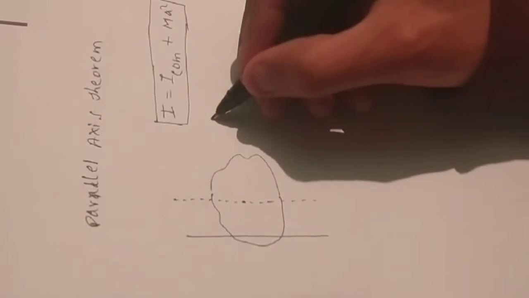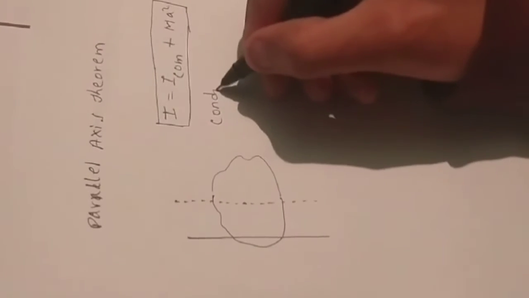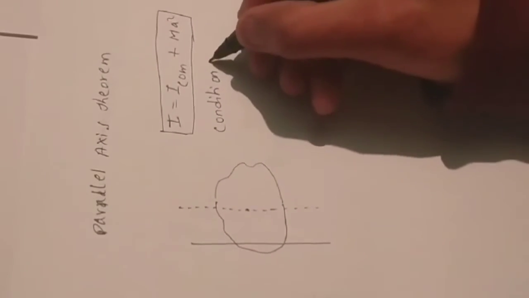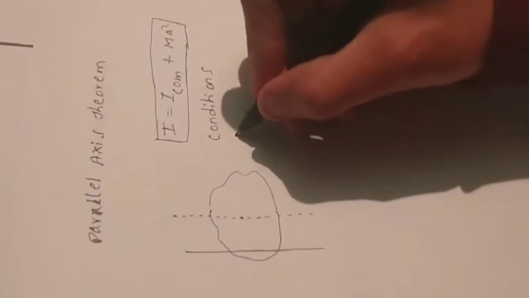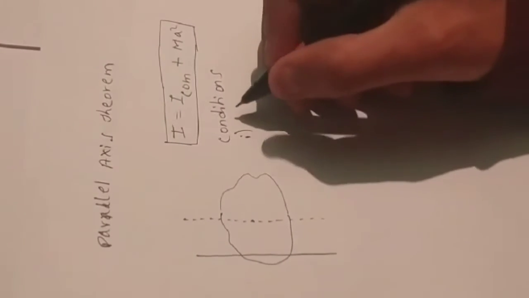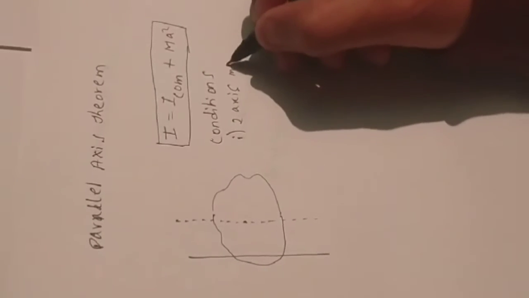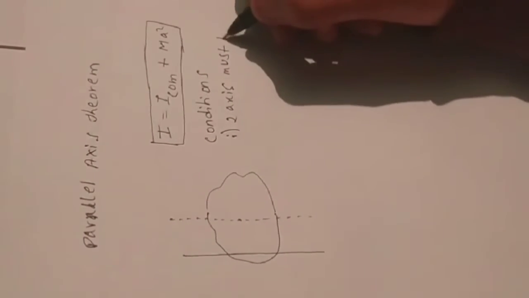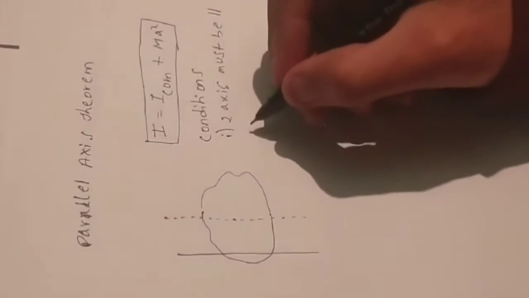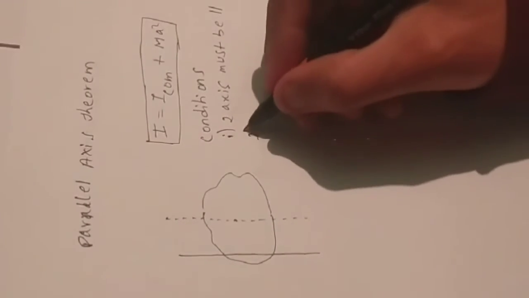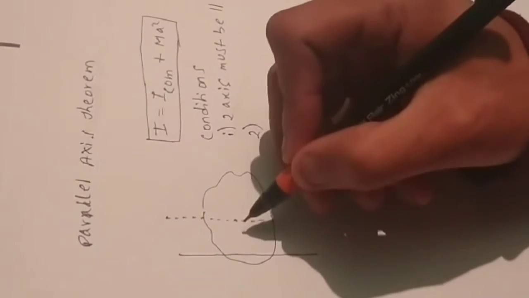So let us see some conditions. Number 1, these two axes must be parallel to each other.